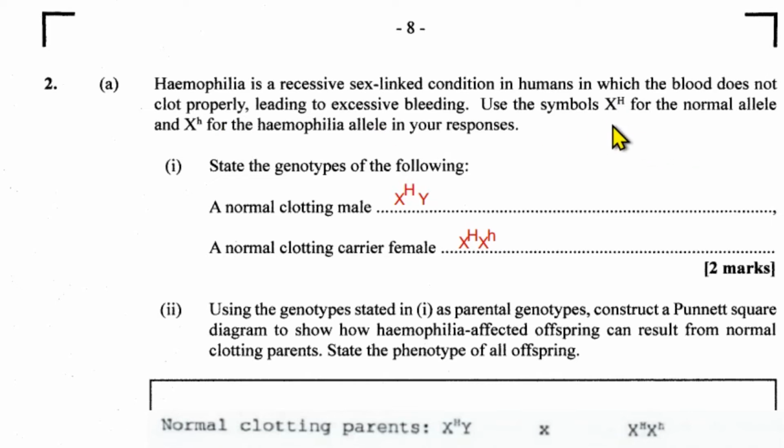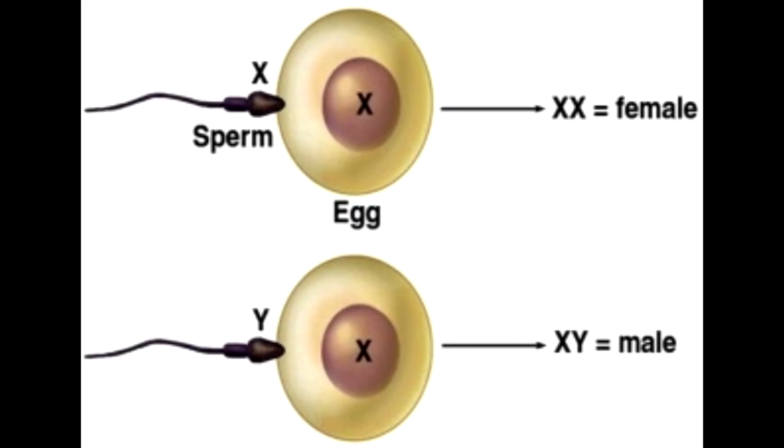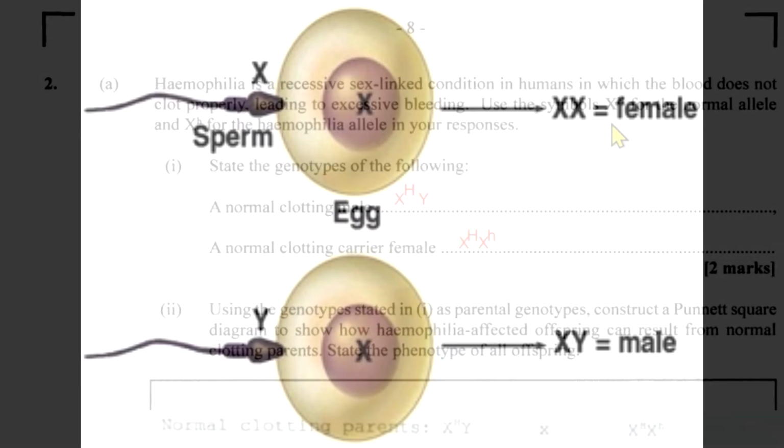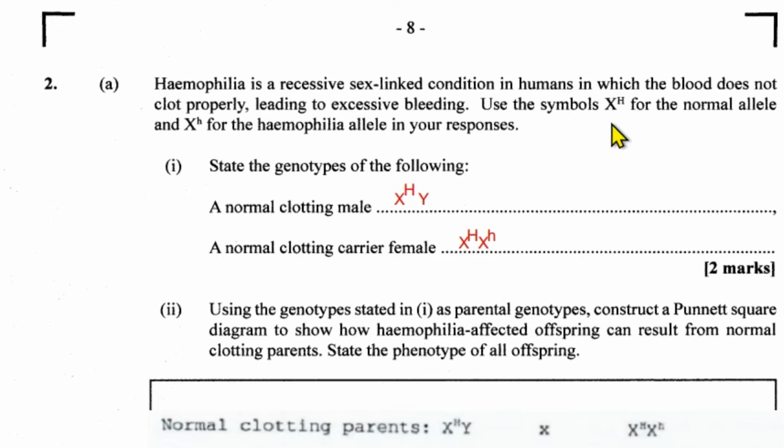You'll also notice that the letters are not by themselves, they are in superscript to X. The X in this case is an X chromosome. X chromosomes are found in both males and females, but a male would also have a Y chromosome, and a female would have 2 X chromosomes. Now, the Y chromosome does not carry this allele.